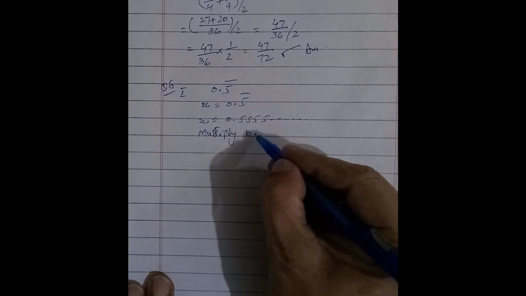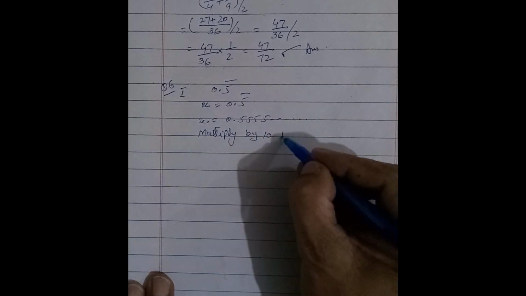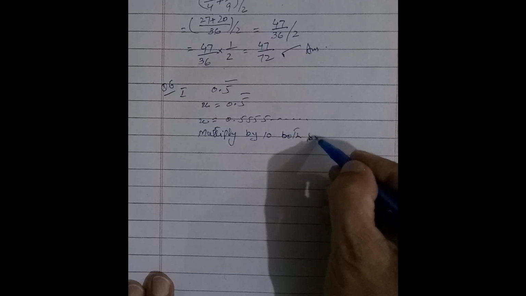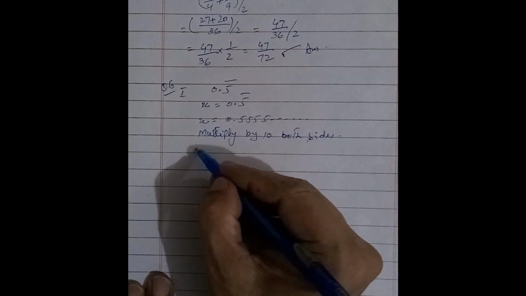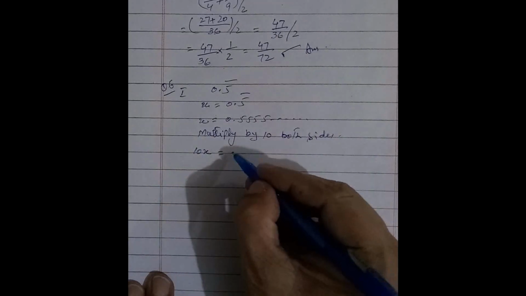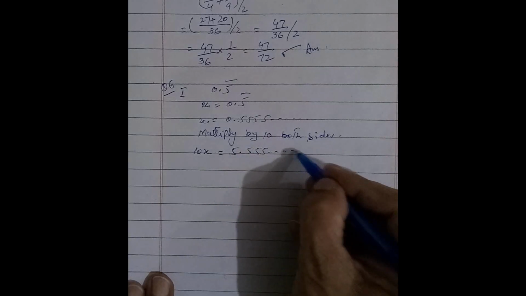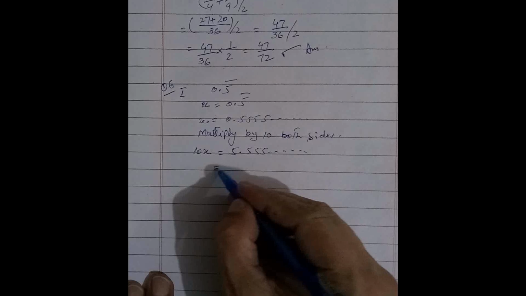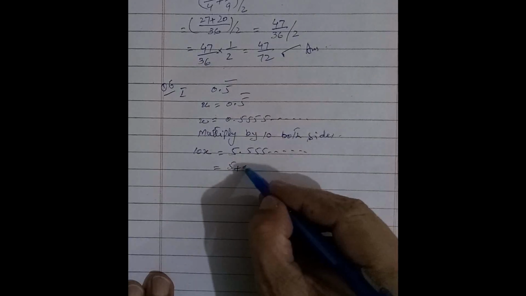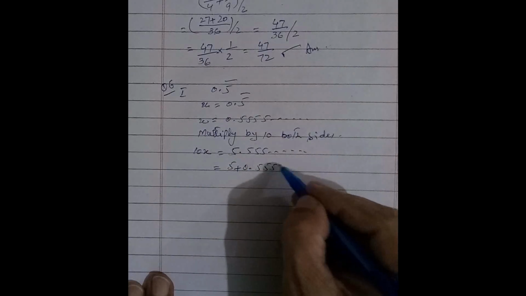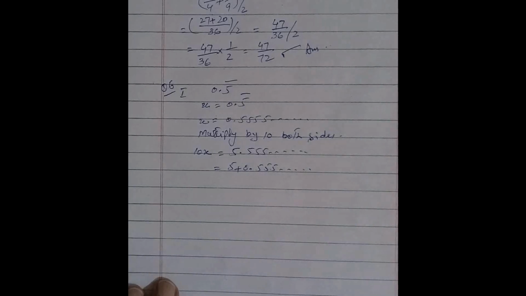We get 10x is equal to 5.555 and so on. And we write it as 5 plus 0.555 and so on.